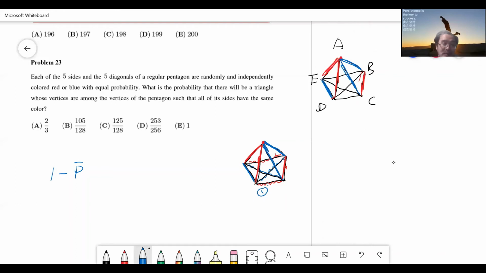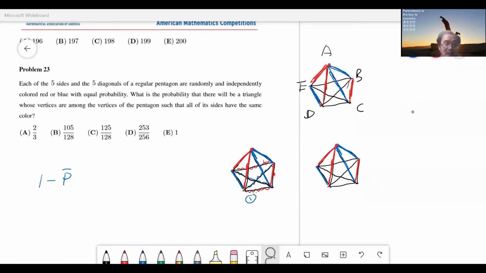Okay, so let's do another one. We can let this front side here be blue, right? So you can see they are kind of symmetric. So there is going to be another solution for this, right? So overall, if we start from two sides red, two sides blue, like here, we're going to get exactly two solutions, right?